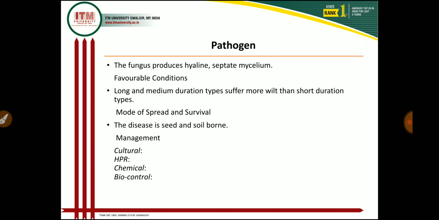And the fungus also produces thick-walled, spherical or oval, terminal or intercalary chlamydospores, singly or in a chain of 2 to 3. And with the help of these chlamydospores, the pathogen survives for a longer period in the off-season in the soil as well as in infected plant debris.